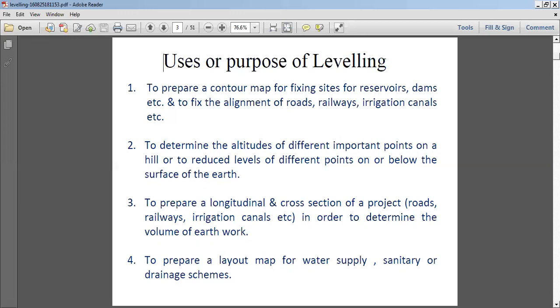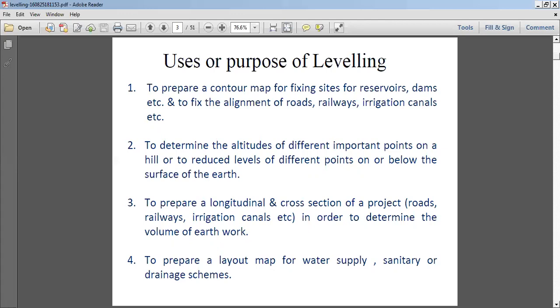We have to select the minimum path for the destination between two points. With the help of the map, we can decide which path will be best for the road purposes. So that path will be suggested by the contour map.